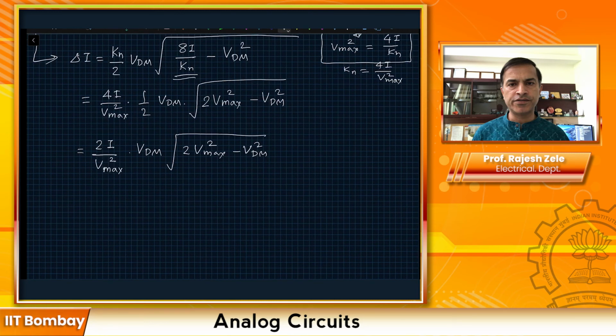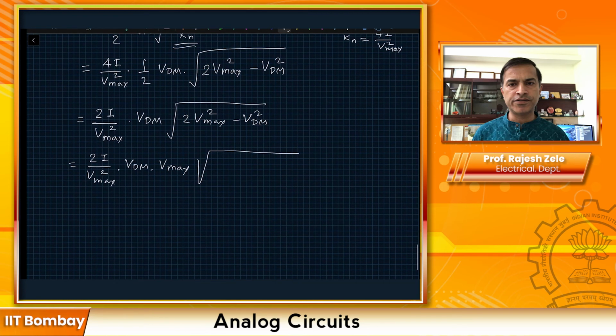I can pull Vmax out, and what you would get then is 2I by Vmax square VDM, and then I'm pulling out Vmax from inside the square root term. Let's bring out square root 2 Vmax. So this would become 1 minus VDM square divided by 2 Vmax square.